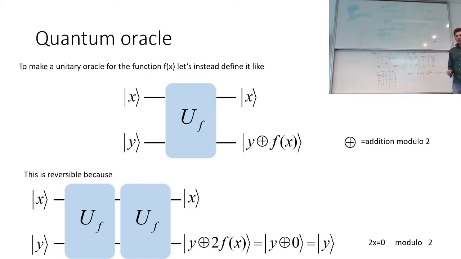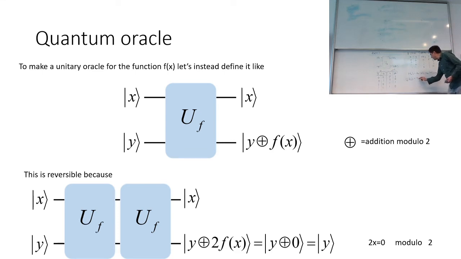Let's say we put that state into this oracle, UF. You just follow the rule that we've drawn in this table for each of these terms.